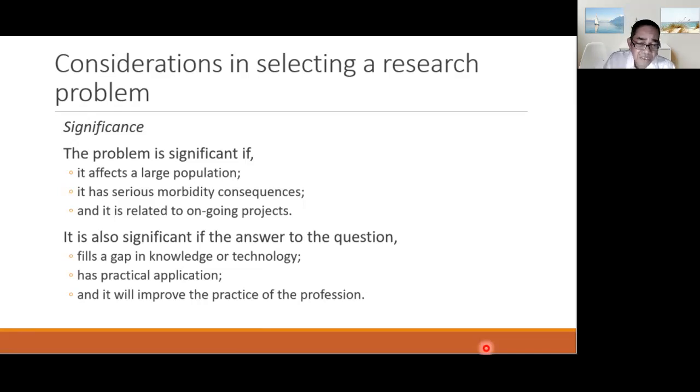Because of serious morbidity consequences. This is one of the most important considerations that we should look for, because even if the population affected is not that large, but because a disease has serious morbidity consequences, then researches on that topic should be significant.